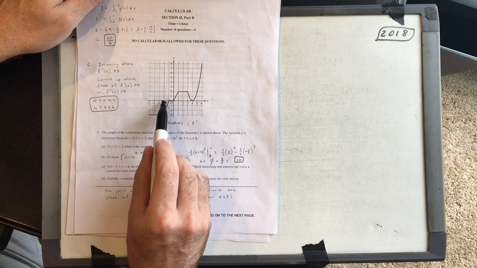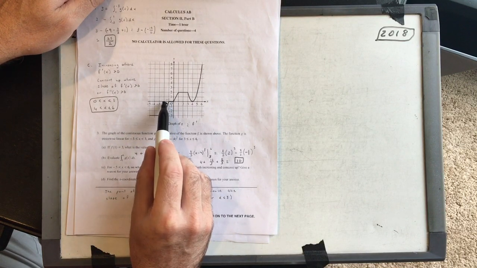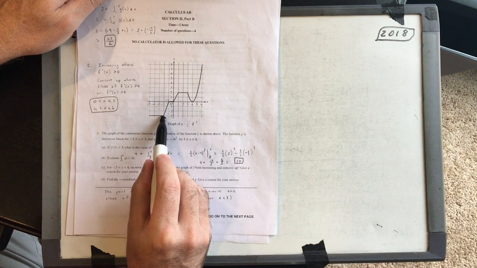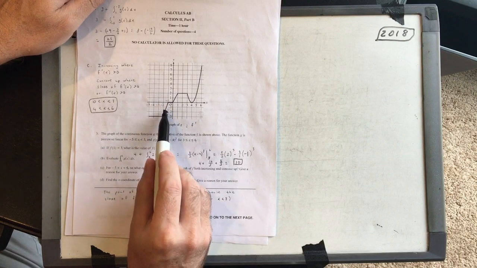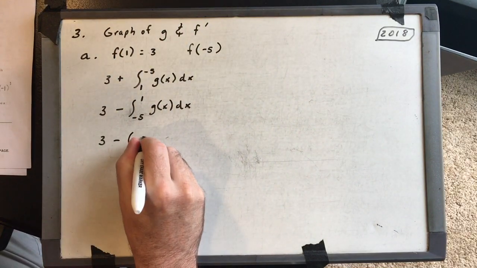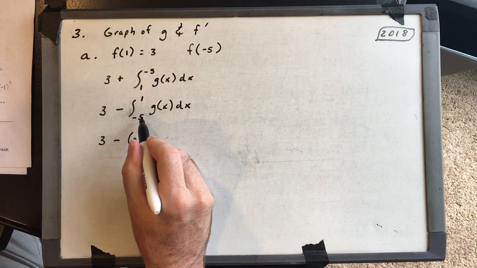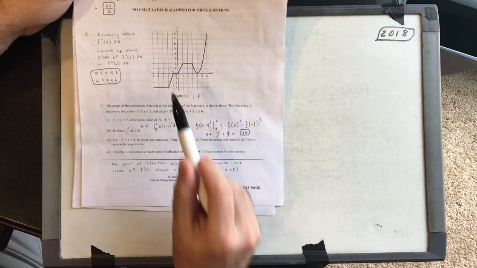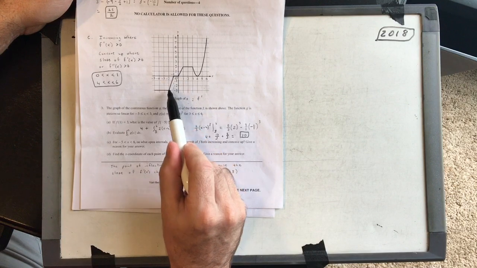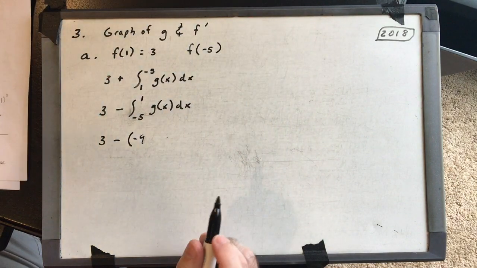From negative 5 to negative 2, you see that we have a square, a 3 by 3 square. It's below the x-axis, so that area is negative 9. Now from negative 2 to negative 1, we have a triangle with a base of 1 and a height of 3.